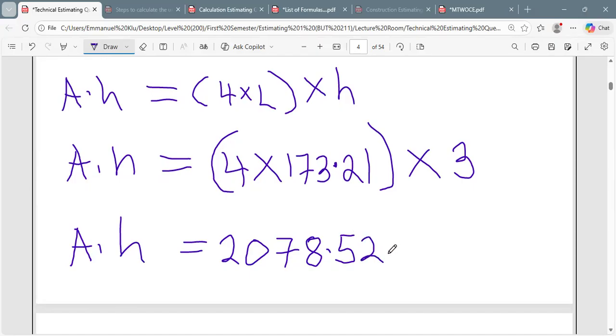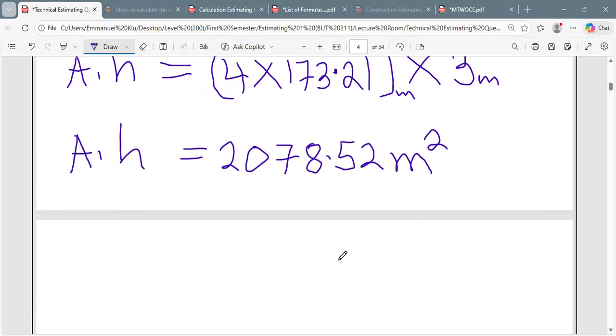Since it is area we are calculating for, our answer is definitely going to be in meter squared, because perimeter is in meters, and this is also in meters. So we are done calculating for our area of hoarding, and that plays a vital role in our calculation.